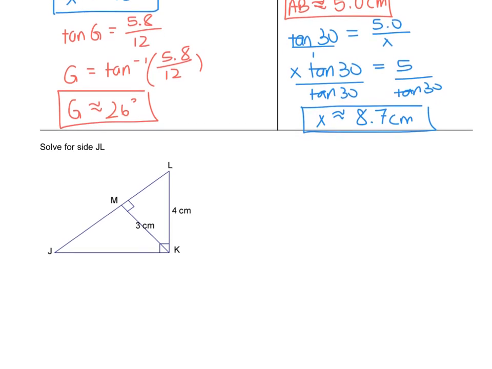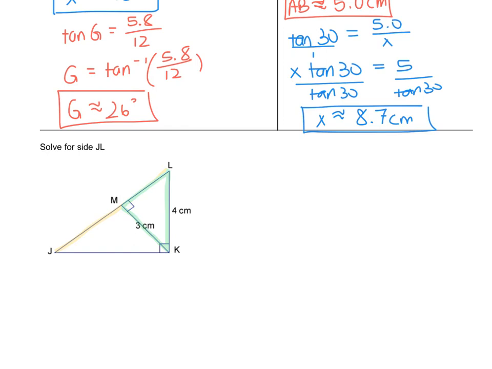So in this last triangle, we are solving for JL, which is this side right here. Now I only have 2 measurements, the 3 centimeters and the 4 centimeters, in this small triangle LMK. And I don't have any angles, so I'm probably going to have to solve for an angle.